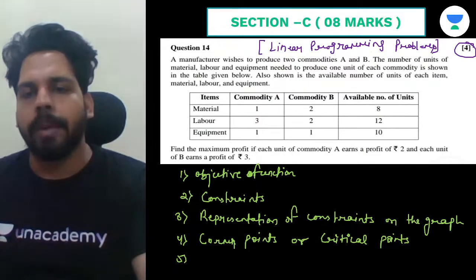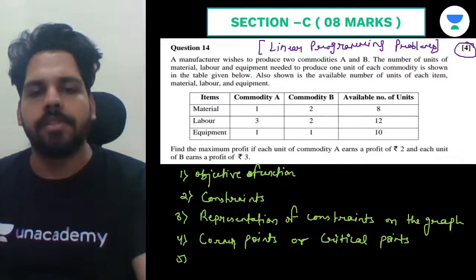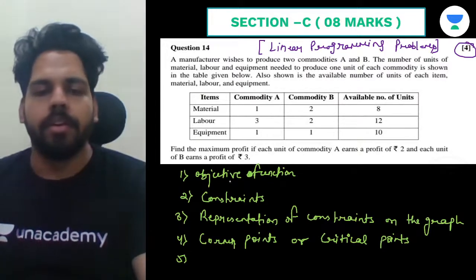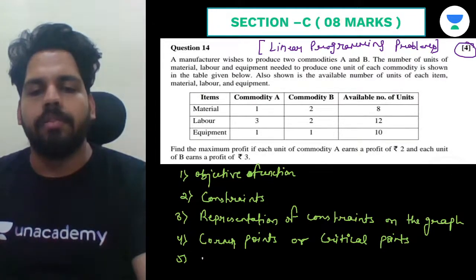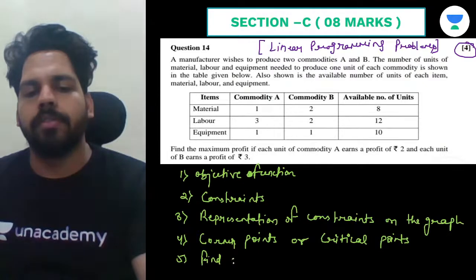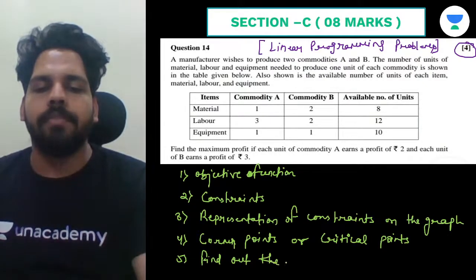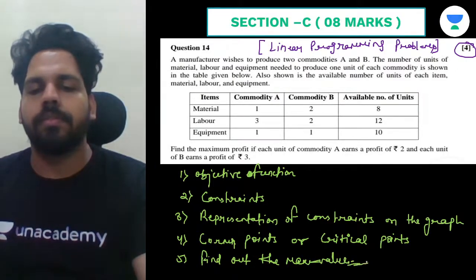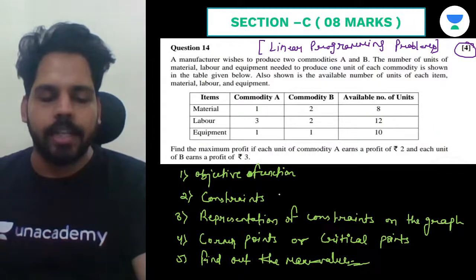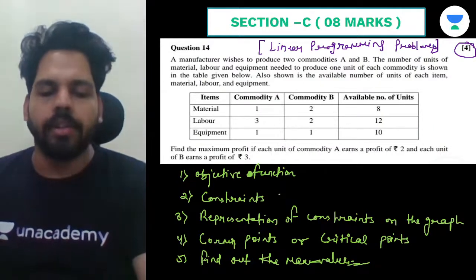Here they're asking to maximize or minimize. We have to maximize the profit here, so we can write: find out the maximum value. The last step will be to find out the maximum value. So these are the 5 steps to be taken to solve this question.